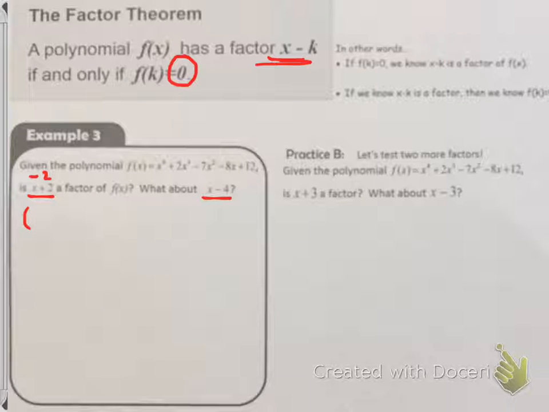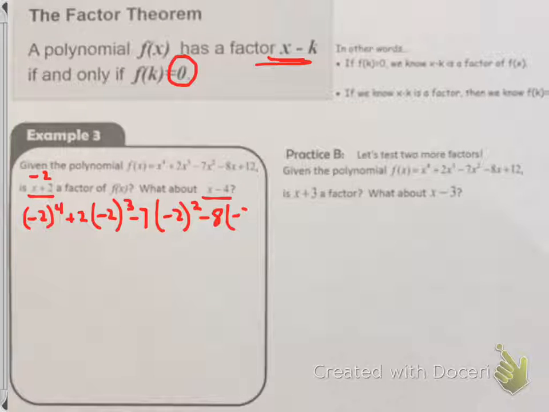So I would do negative 2 to the 4th power plus 2 times negative 2 cubed minus 7 times negative 2 squared minus 8 times negative 2 plus 12.